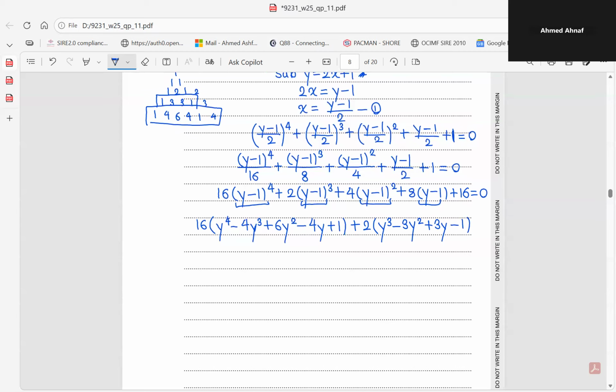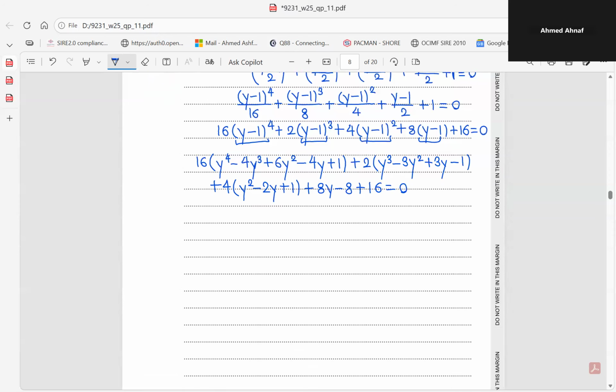And plus 4 times (y minus 1) squared, so that's y squared minus 2y plus negative 1 squared, which is plus 1, and 8 times (y minus 1), that is 8y minus 8, plus 16 equals 0.